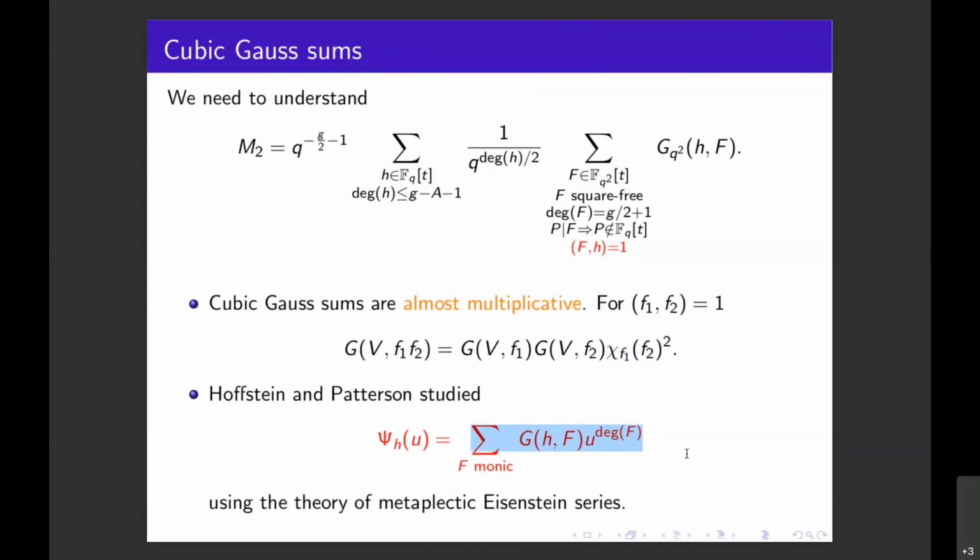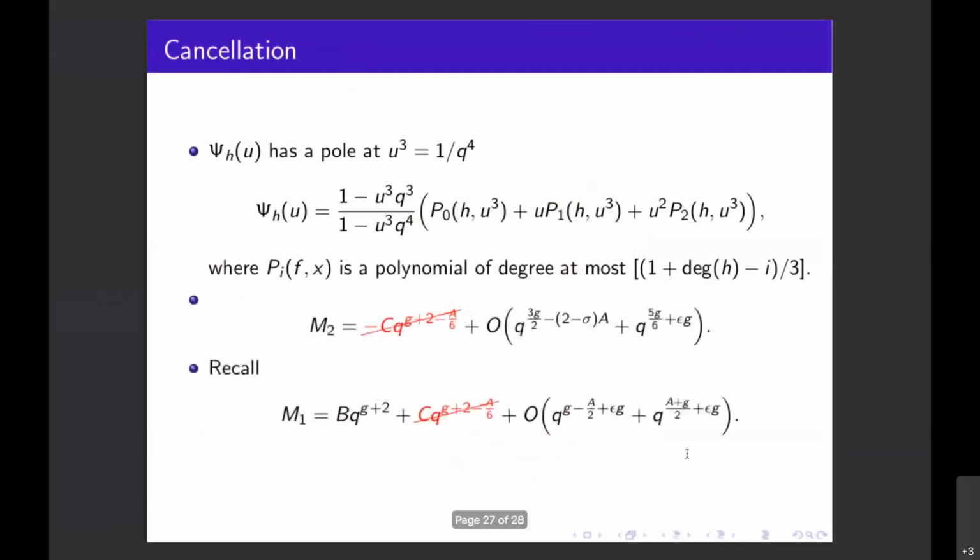This was studied by Hoffstein and Patterson using the theory of metaplectic Eisenstein series. It turns out that this generating series has a lot of nice properties. In particular, it has a functional equation, and we can show that it has a pole when u cube is equal to 1 over q to the 4.